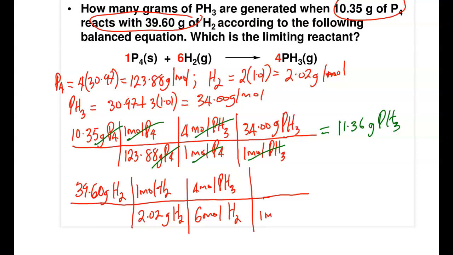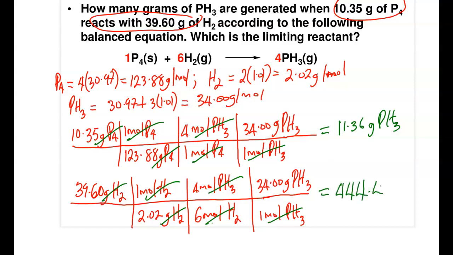So a mole of PH3 will be equivalent to 34.00 grams of PH3. Then we cancel the units, and when we do our arithmetic well, the answer is 444.4 grams of PH3. That is what I get.